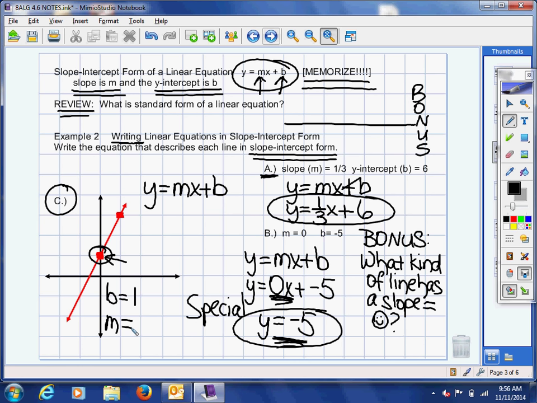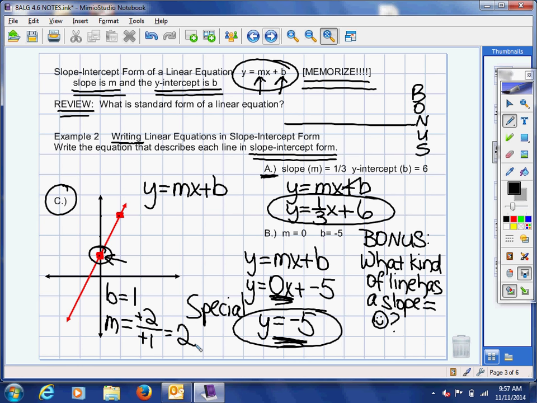So let's start with our y-intercept, +1 on the y. And let's use rise over run to find our slope. So we're going to go up 2, right 1. Up 2 is +2, right 1 is +1, and our slope is 2. Great job. That's exactly how you do it.